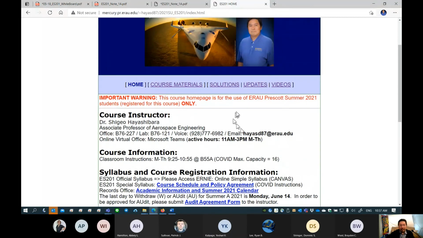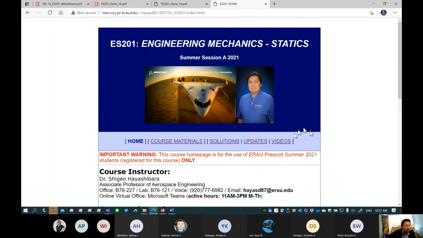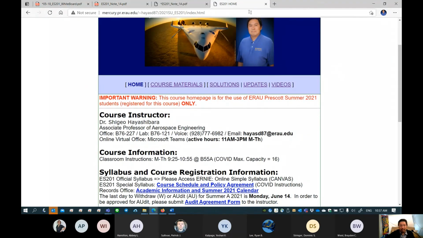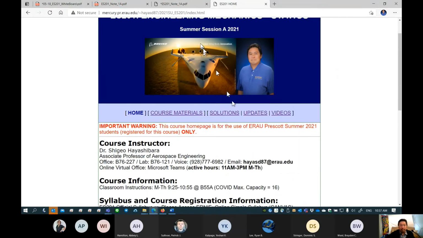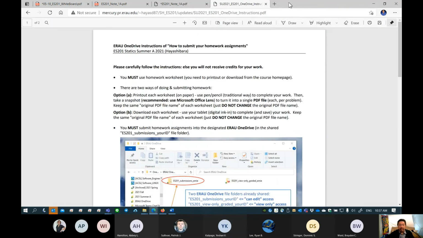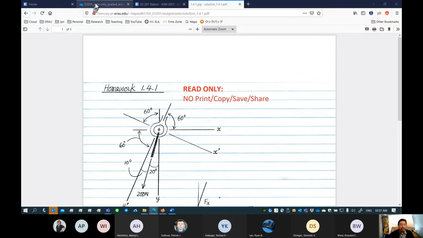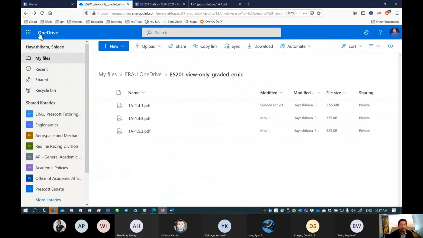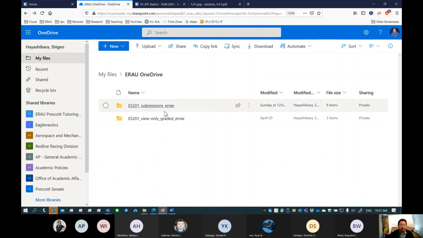So, any questions so far? Doing okay? Okay, so let's just do a practice of submitting on OneDrive. So here we go. This is how to submit. Each person should probably have 2 OneDrive file folders already shared.